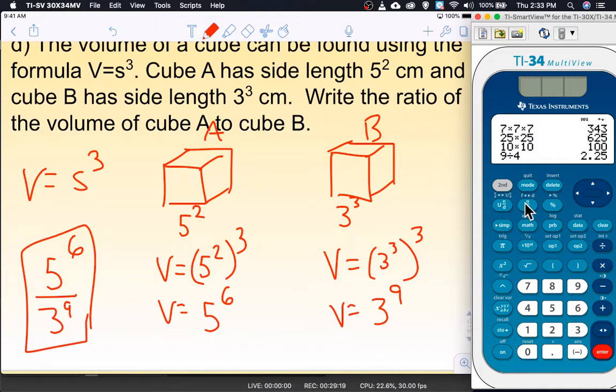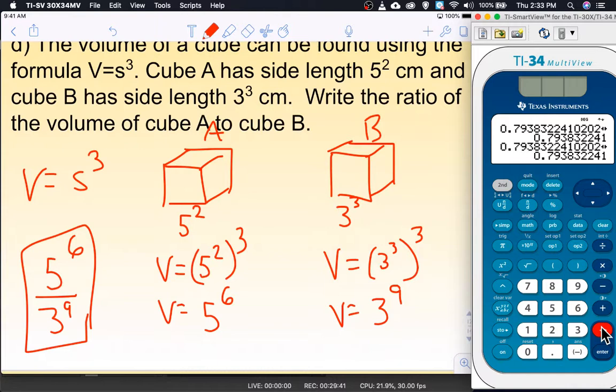I'm going to type it in as a fraction: 5 to the 6th power over 3 to the 9th power. Nah, it can't even change it to a fraction, so this probably does not simplify.